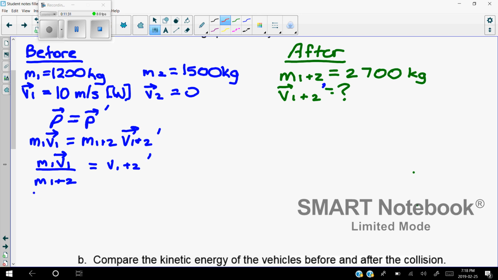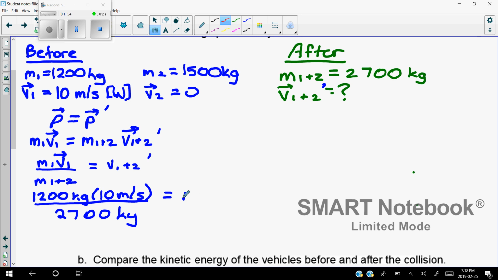All right, sub in, we have 1,200 kilograms times 10 meters per second divided by 2,700 kilograms. Okay, type that into your calculator.